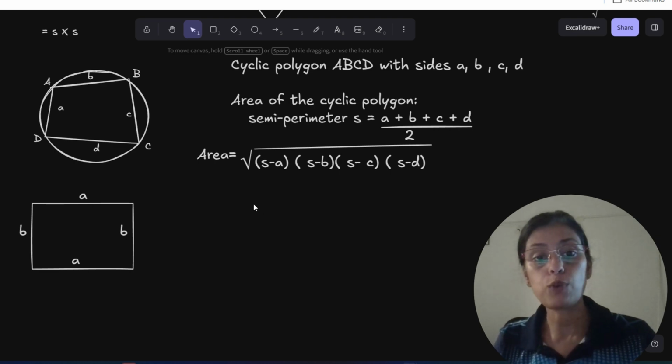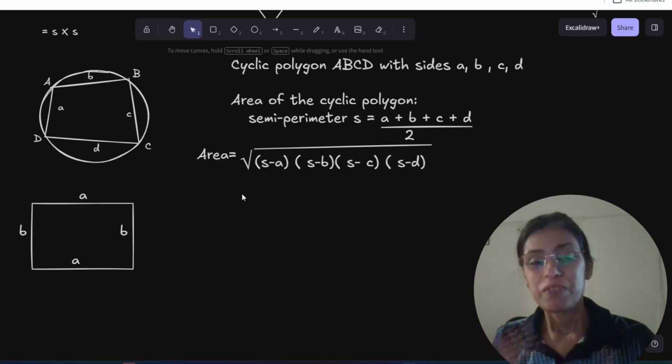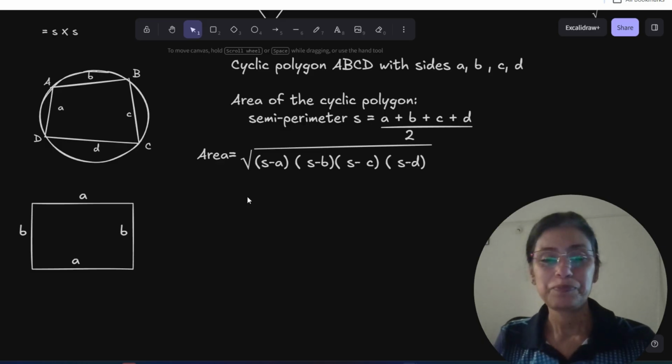That was Heron's formula. This is Brahmagupta's formula. Sorry, not Brahmaputra, it was Brahmagupta. Brahmaputra is a river and we learned a lot about it in geography, which is why it came from my mouth as Brahmaputra. But actually the scientist's name is Brahmagupta.